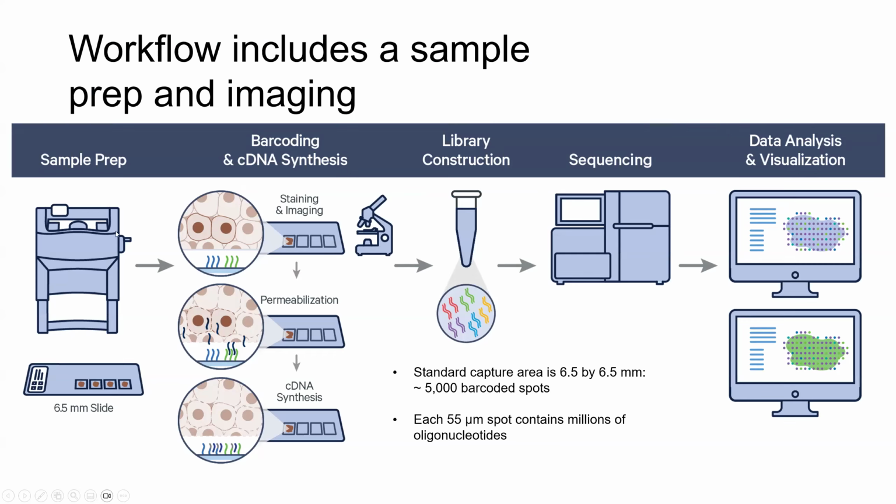So here you have to get the slide, you have to section your tissue in a way that you know how to do. You have to get this tissue onto a slide, and there's an instrument that will help you do that. And what occurs is that the mRNAs that are in that tissue, and again, this has to be kind of a fixed location.